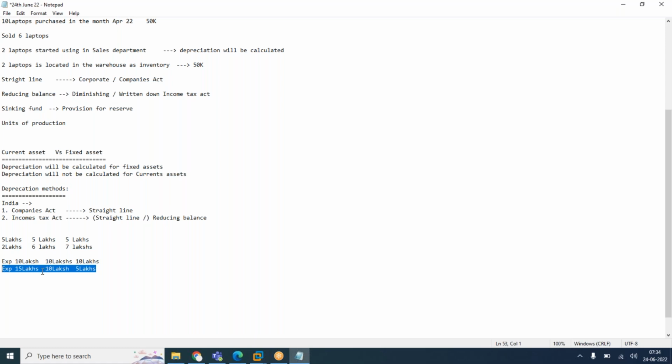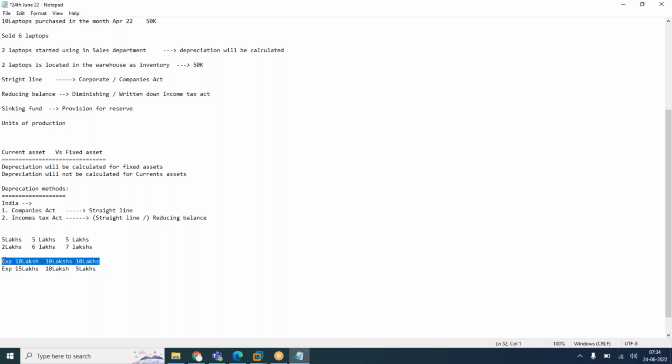I will try to book more expenses in the first year so that I can pay less income tax. Agree with me? Because in the first year I book more expenses, I can showcase less profit. In the reducing balance calculation, you book expenses like this. In the straight line, this is the method.